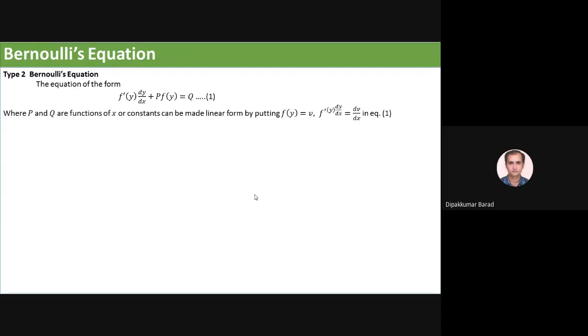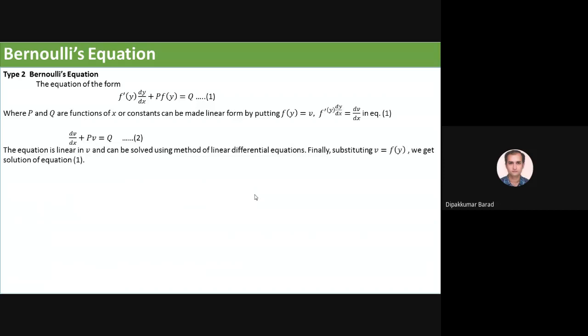Then we get f'(y) dy/dx = dv/dx in equation 1. So I get dv/dx + pv = q, which is linear in v and can be solved by the method of linear differential equations.